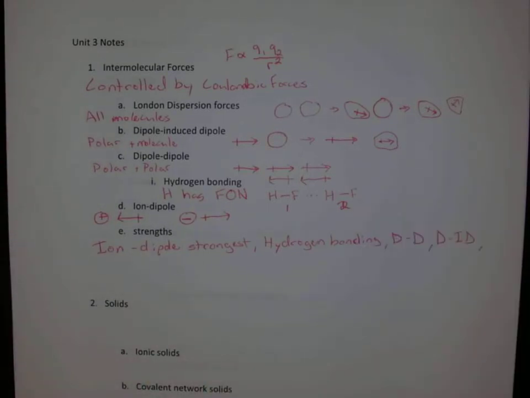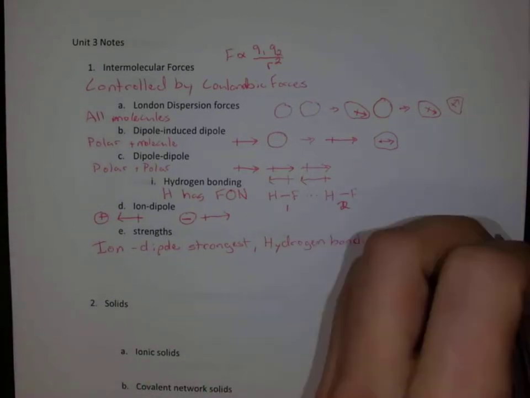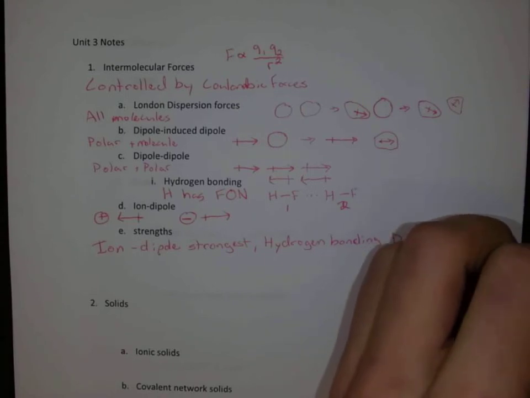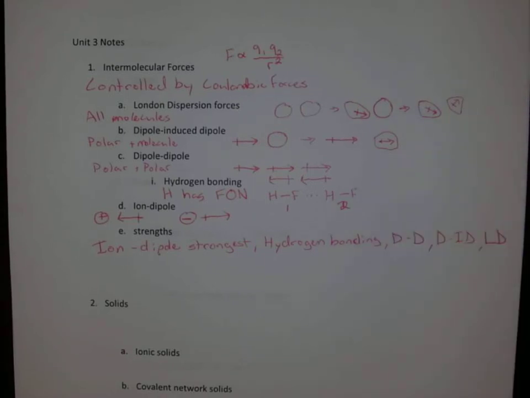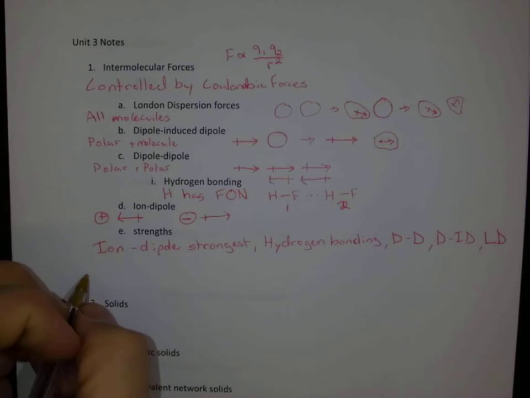But I keep on saying generally going to be weaker, so I'm going to do LD for London dispersion there. The reason why I keep on saying generally going to be weaker is because all of these forces are going to be additive, okay? So the intermolecular forces are additive.